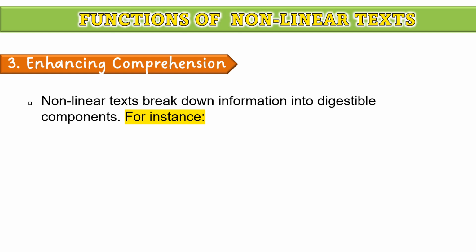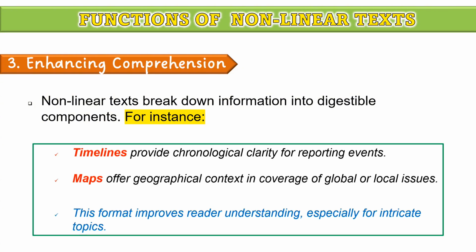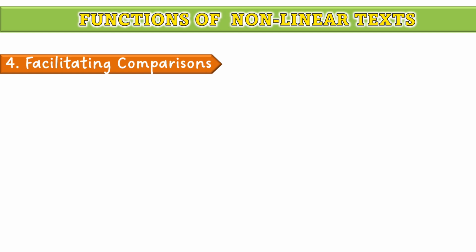Nonlinear text break down information into digestible components. For instance, timelines provide chronological clarity for reporting events. Maps offer geographical context in coverage of global or local issues. This format improves reader understanding, especially for intricate topics.